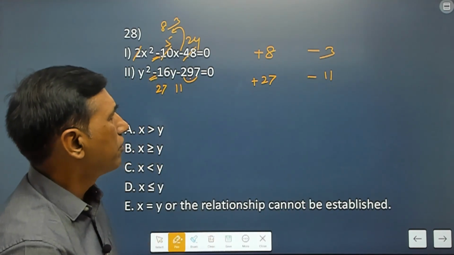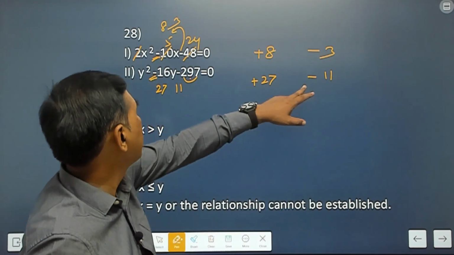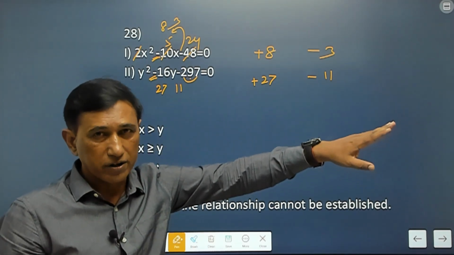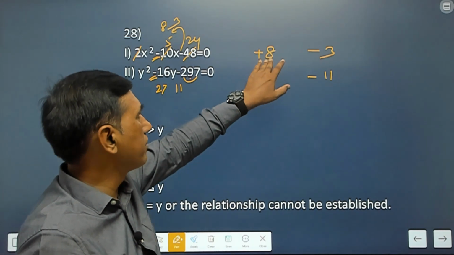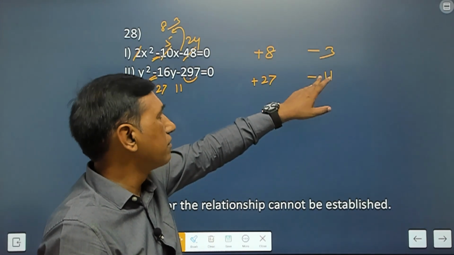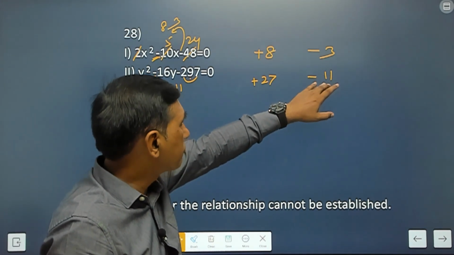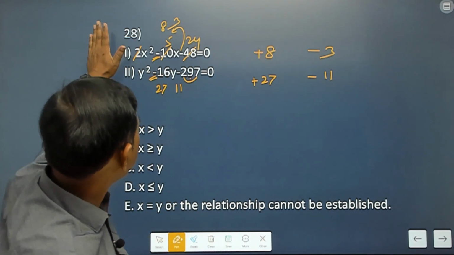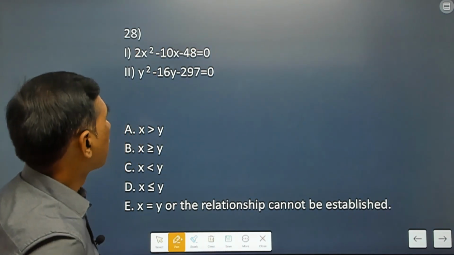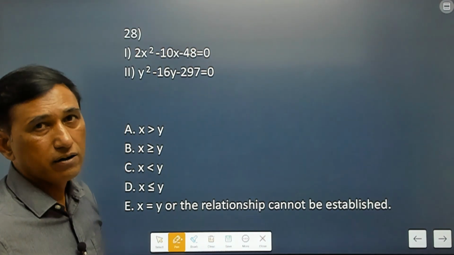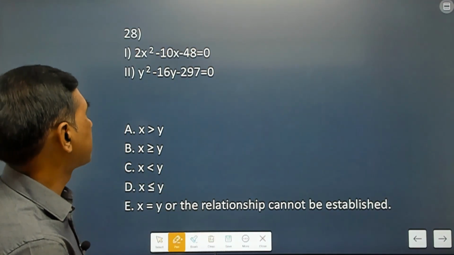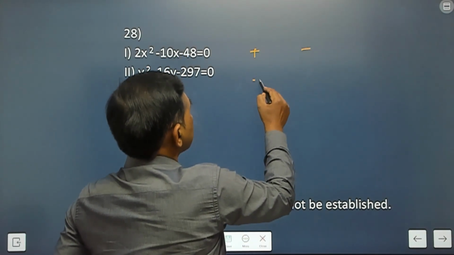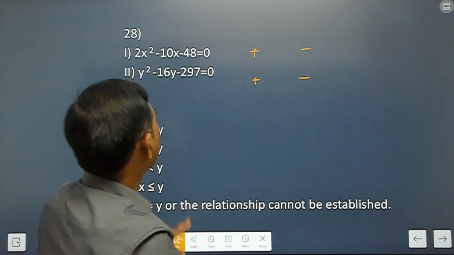Again, same problem. When it is plus 8, it is, oh, here we did a blunder. Okay, first we'll do it. When it is plus 8, it is bigger than this one, greater than this, and smaller than this. What blunder we did, we should have written sign first. Plus minus, plus minus.